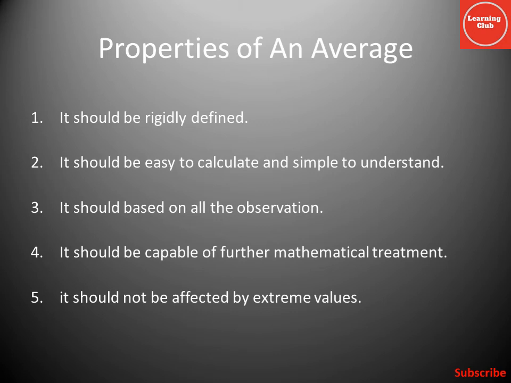In other words, when there are extreme values in the data, the average cannot effectively indicate the measure of central tendency, or you can say that it is not a good measure of central tendency.